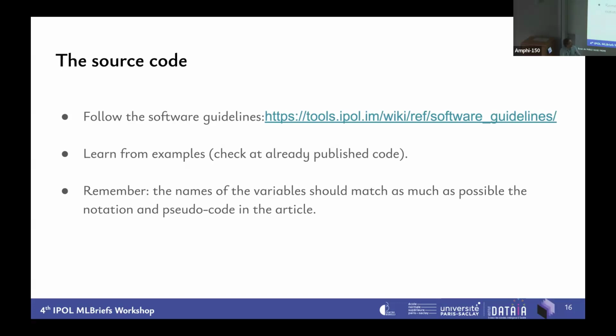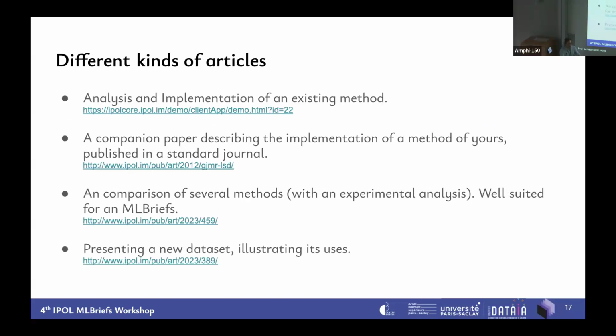Then to finish, I just want to give you some examples of different kinds of articles, and maybe there are more that we didn't think of. But a very popular kind of article is an analysis and an implementation of an existing method. There are plenty.